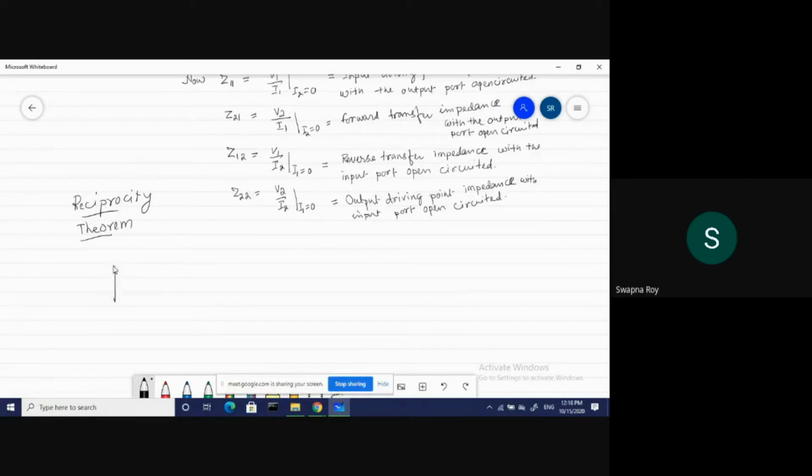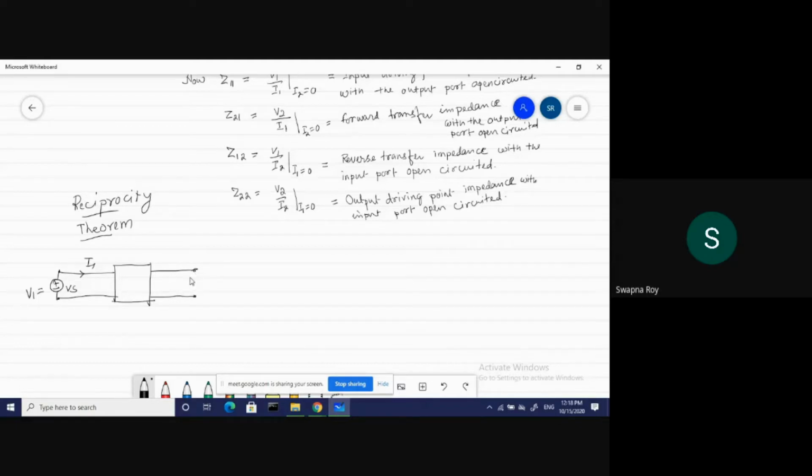Basically, at the input port we are connecting a voltage source Vs. So V1 is equal to Vs and one current is entering, and the output port is shorted.